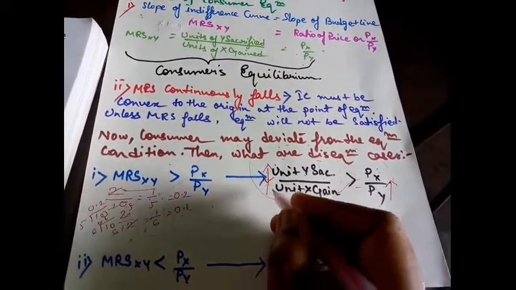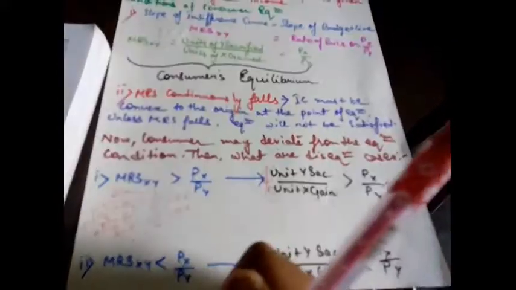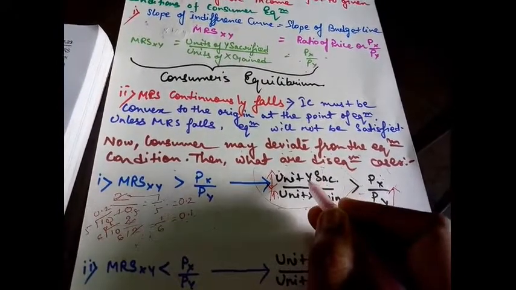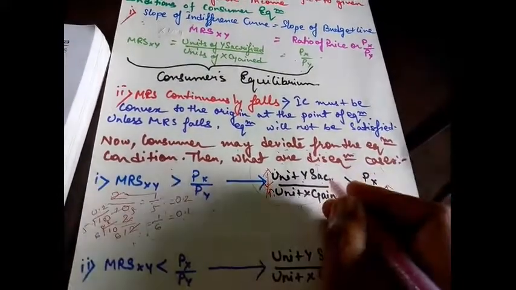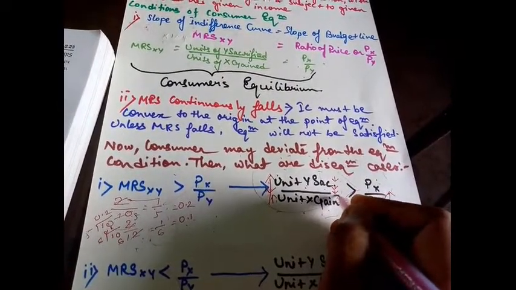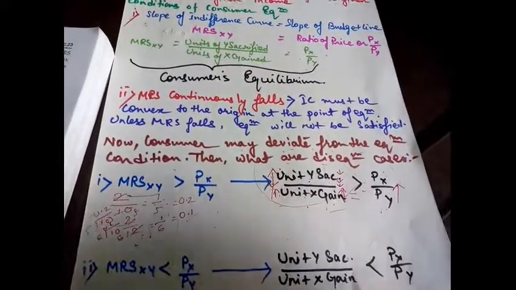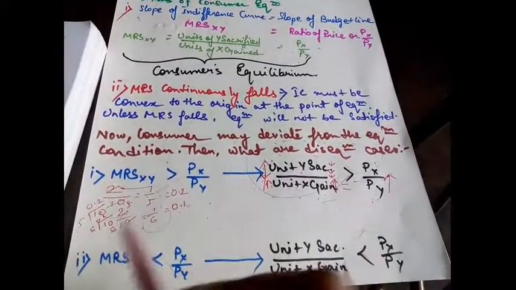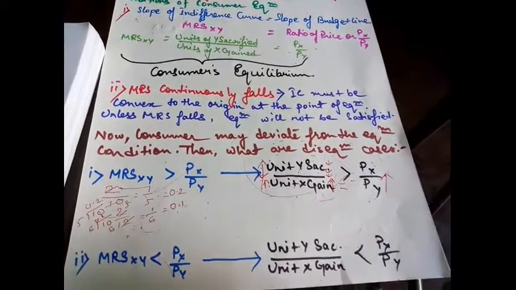If I start consuming more of X only, and as I consume more of X, I have to sacrifice more of Y. And in this case, slowly this whole fraction will come down and it will become equal to MRS of XY equals PX by PY. What I have done? If numerator is increased, the total fraction will decrease.